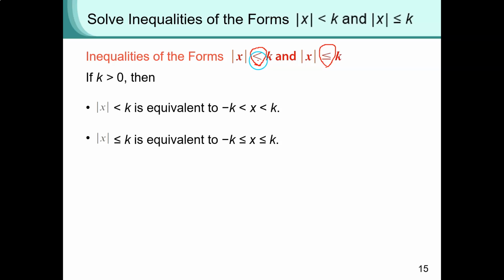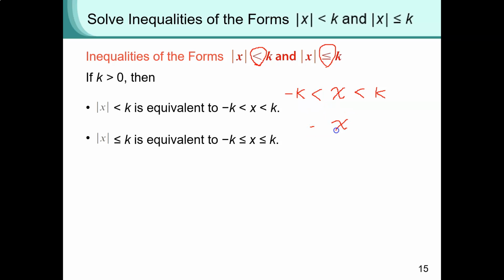Recognize the direction of your inequality sign. When you have less than or less than or equal to, you always rewrite this inequality into x is less than k and greater than negative k. Always. Okay?